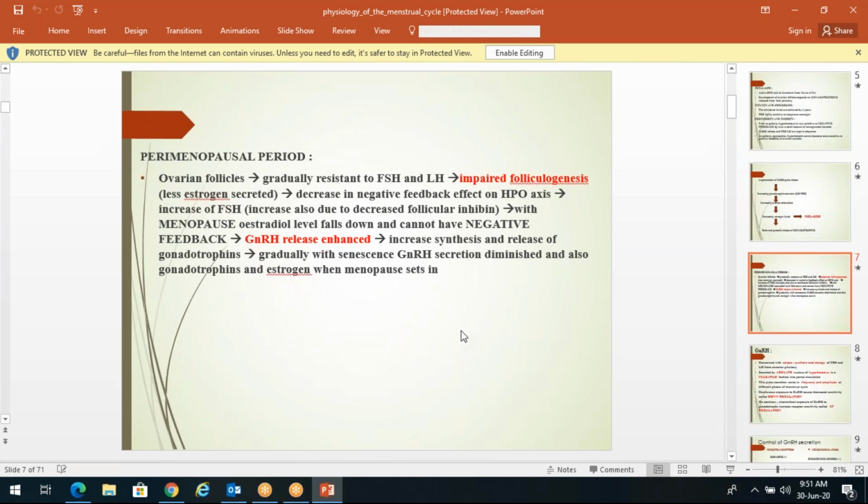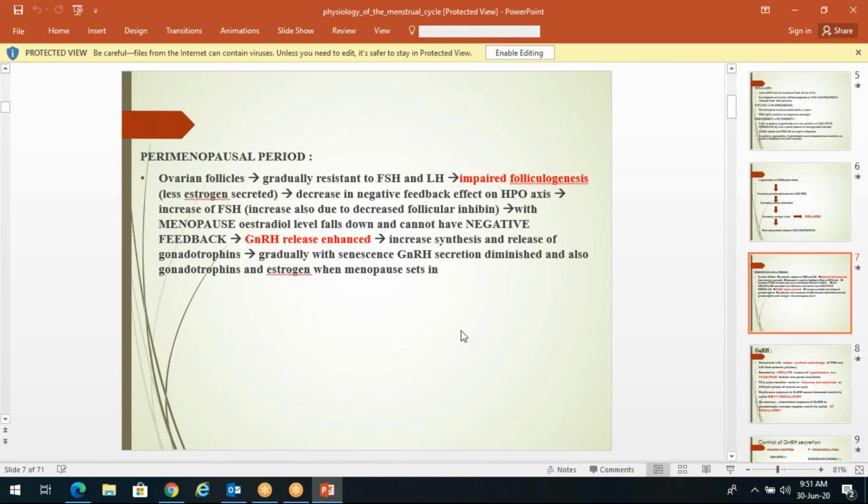So what happens in the perimenopausal period? We have discussed the pubertal period. What happens in the perimenopausal period? The number of follicles remaining in the woman will continuously decline with age. So that is one thing: the number of follicles will decrease. The other thing is that the ovarian follicles become gradually resistant to the FSH and LH produced by the pituitary, which leads to impaired folliculogenesis.